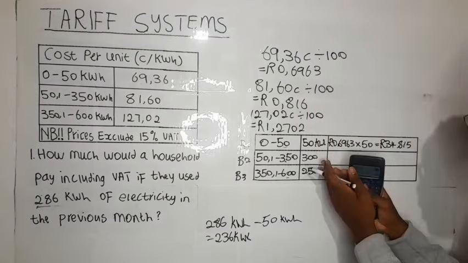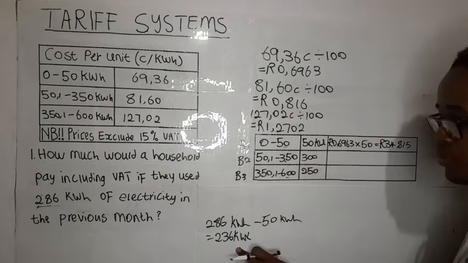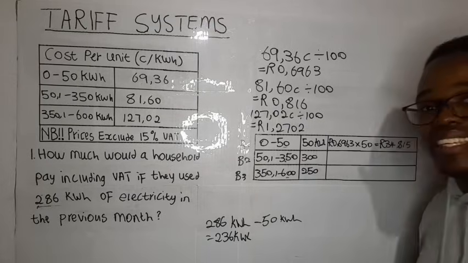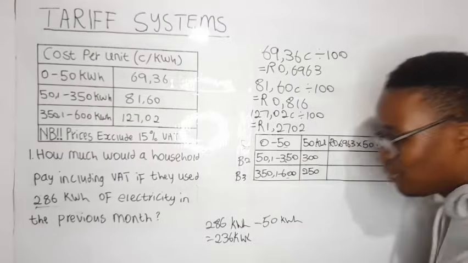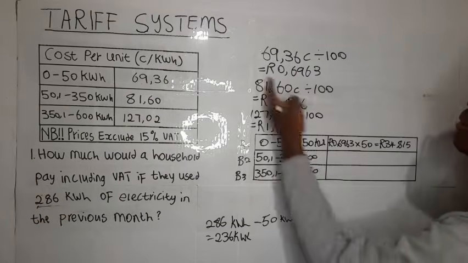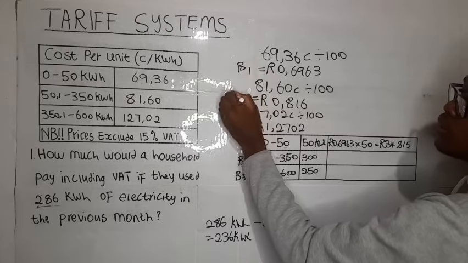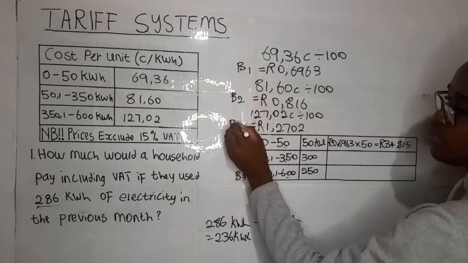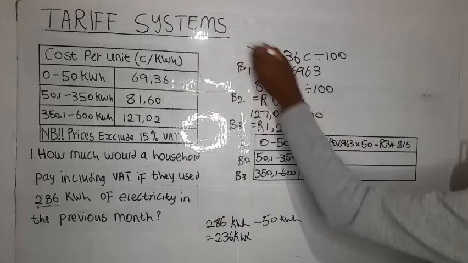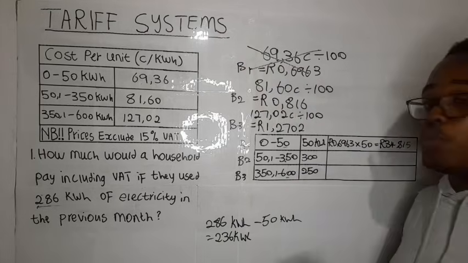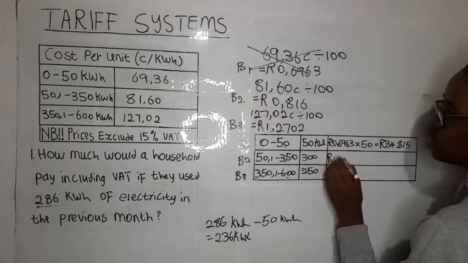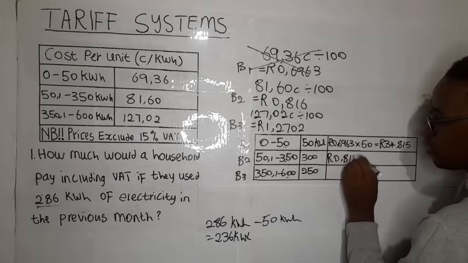So this is the amount of kilowatts that we are left to work with. And when you look at our table, the number that we're left with is less than the number we have here on the table. So you're just going to take the whole number and multiply it by the amount for block 2. Remember, this one is for block 1, this one is for block 2, and this one is for block 3, right? We've already used block 1. Let's cancel it. Now we're going to block number 2. The amount on block number 2 is 0.816.